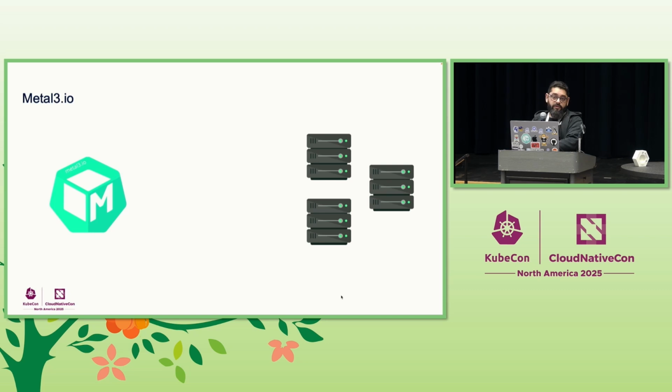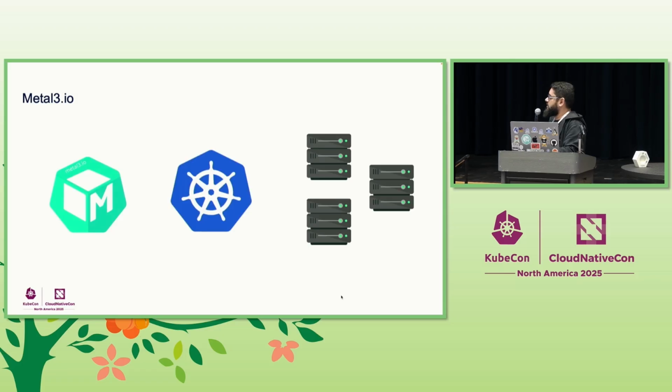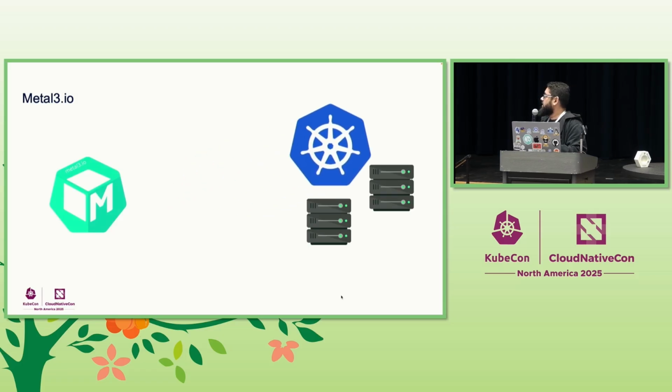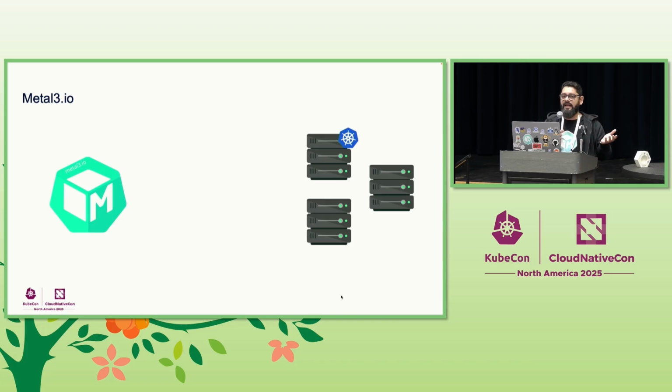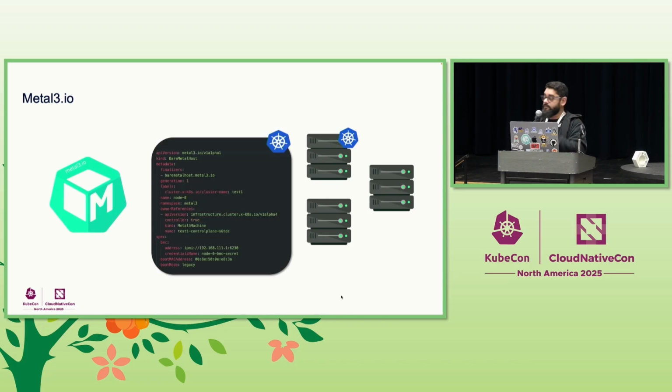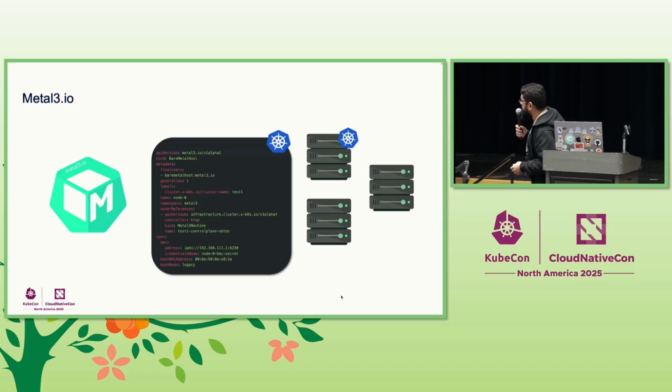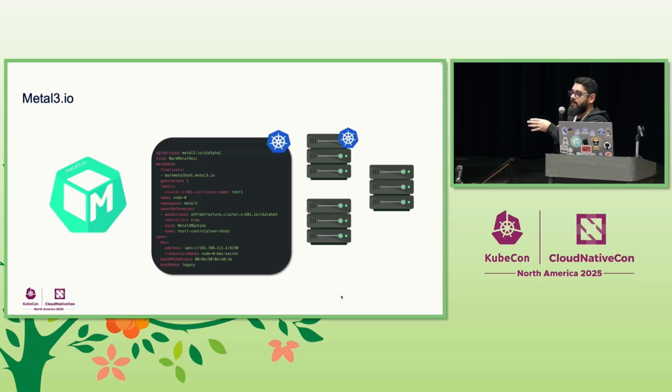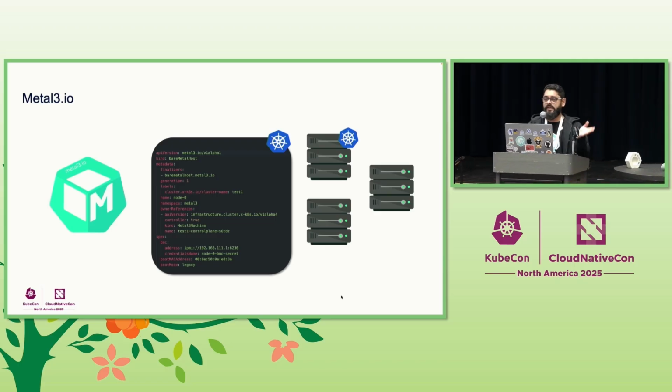For those of you who aren't aware of what MetalCube does, if you have a bunch of bare metal servers and want to deploy a Kubernetes cluster, MetalCube brings Kubernetes-style lifecycle management to bare metal servers. You can represent your bare metal server using a YAML, and there is a controller which reconciles this YAML.